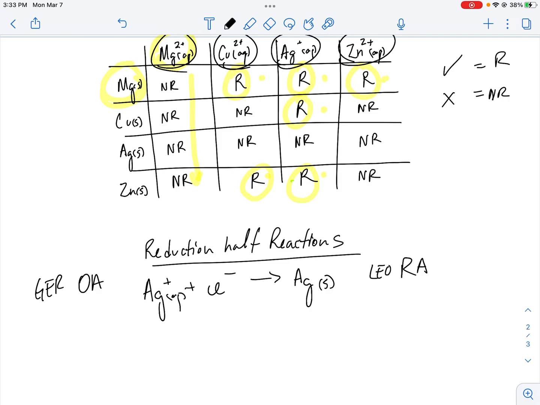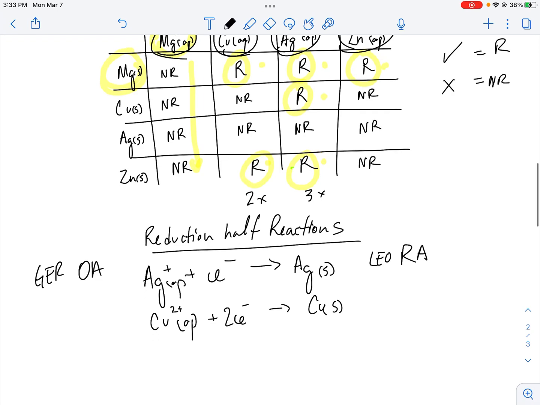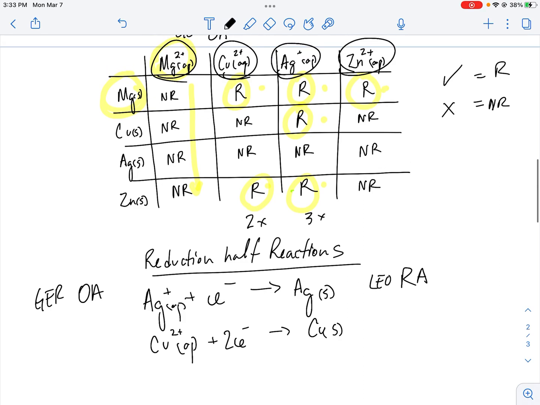My next strongest is copper because it reacted 2 times, right? Silver reacted 3 times. So my second most reactive was copper 2 ion. So copper 2 plus 2 electrons makes copper solid. It's the second strongest oxidizing agent. And then my next strongest oxidizing agent is zinc. It only reacted once, but that's more than magnesium ion, which didn't react at all.